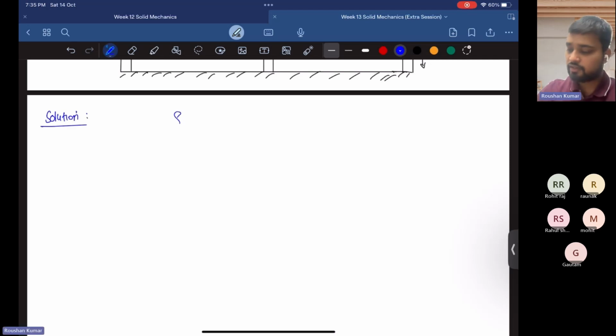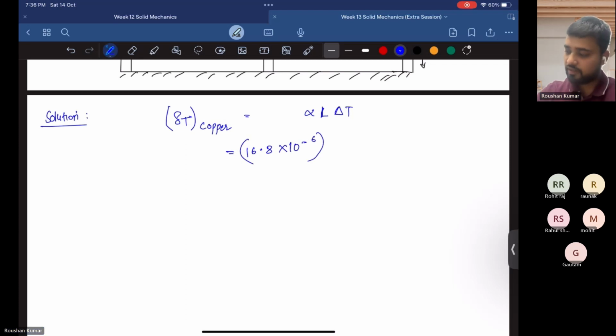First we have to calculate delta T, that is the change in length due to temperature change in the copper bar, which is equal to alpha L delta T. Here alpha is 16.8 into 10 to the power minus 6, the length of the copper bar is 750 mm, times delta T, the change in temperature.